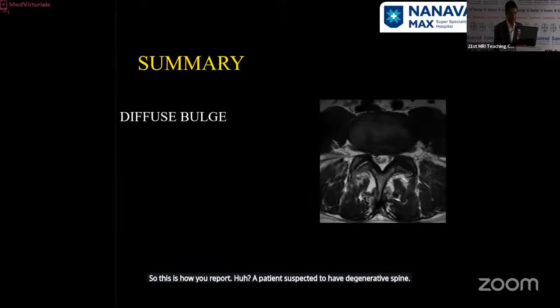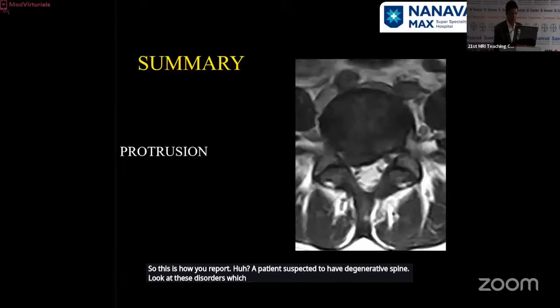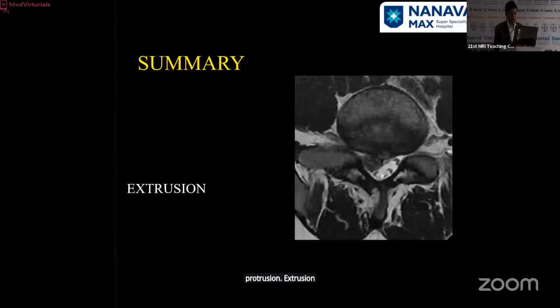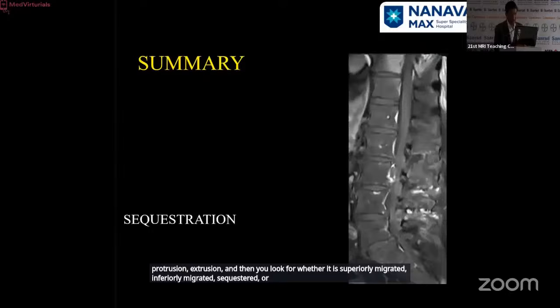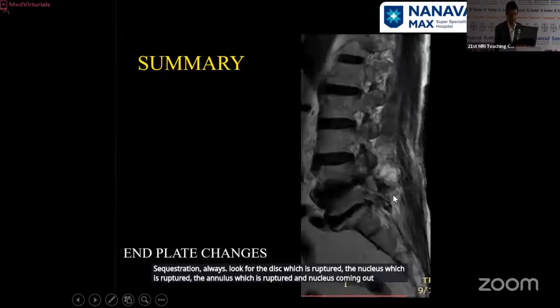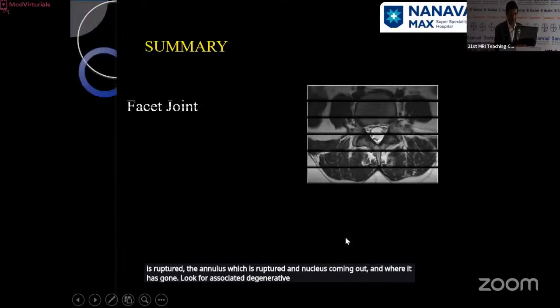Look at these disc disorders, which are divided into bulge, protrusion, extrusion, and then you look for whether it is superiorly migrated, inferiorly migrated, sequestered or not. Sequestration, always look for the disc which is ruptured, the annulus which is ruptured and nucleus coming out, and where it has gone. Look for associated degenerative end-plate changes.